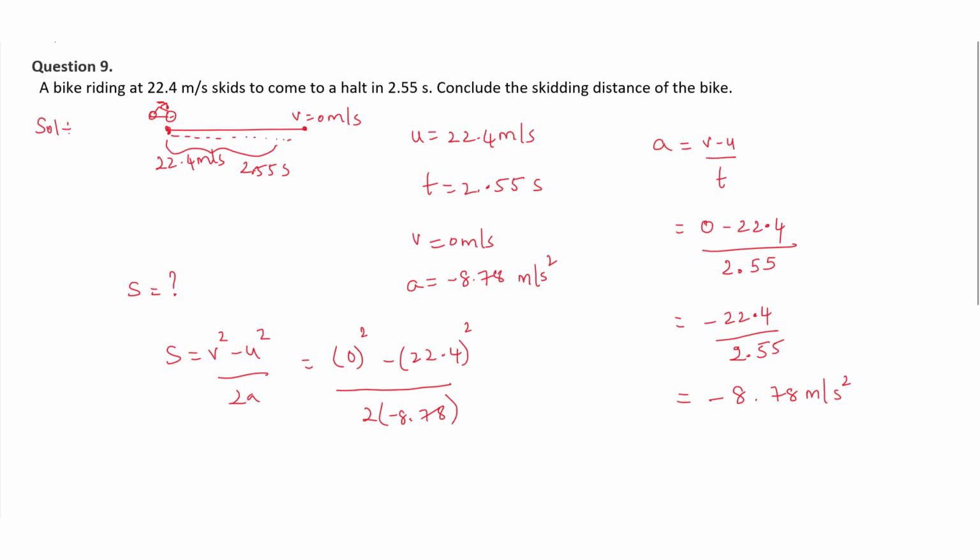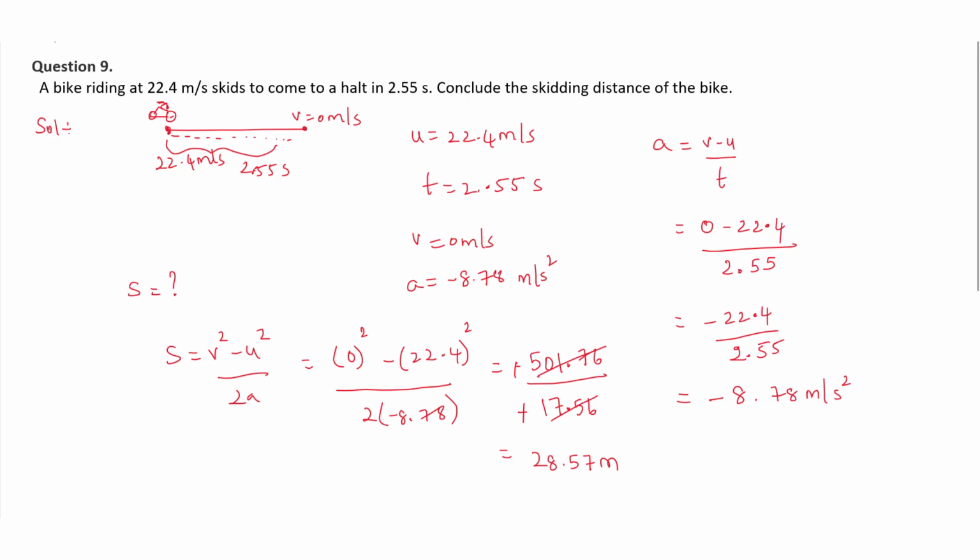Let's calculate. That is equal to 501.76 by minus 17.56. Minus and minus get cancelled. Hence that is equal to 28.57 meters.